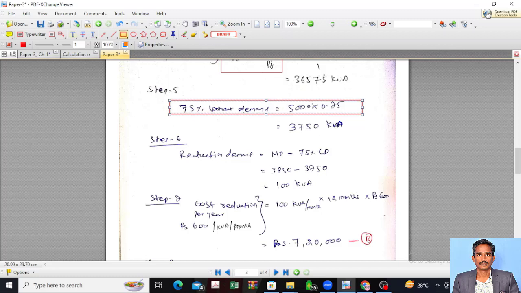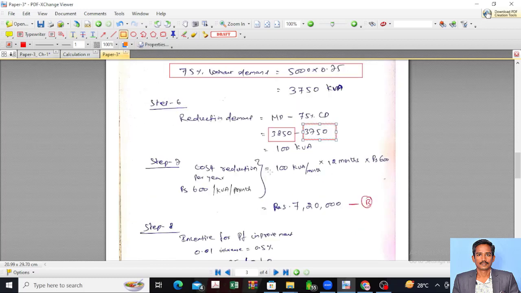Then 3850 minus 3750, where 3850 is the old maximum demand and 3750 is the base level maximum demand, gives 100 kVA. We have a reduction of 100 kVA.